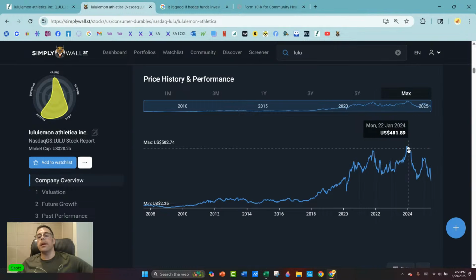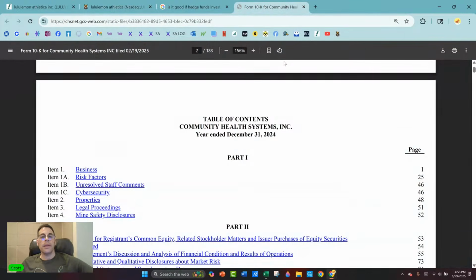It may burst through a new resistance level, but it's going to have to revert back to around 300 a share, unless of course revenue goes up. Then they can handle.